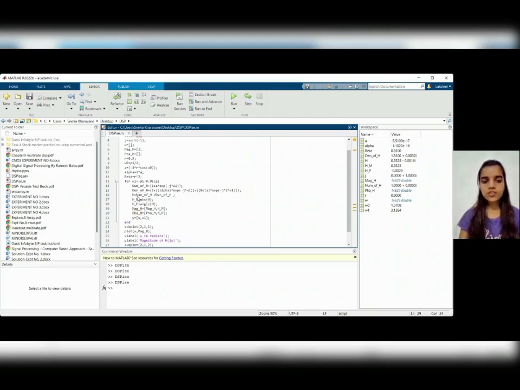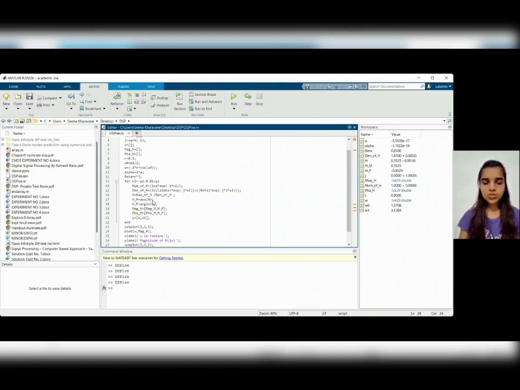Transfer function is a ratio. As we define, transfer function is the ratio of output upon input. That way, transfer function is given by numerator of h upon denominator of h. Numerator of h and denominator of h is defined earlier here. For the magnitude of transfer function, we have to consider absolute value of h.